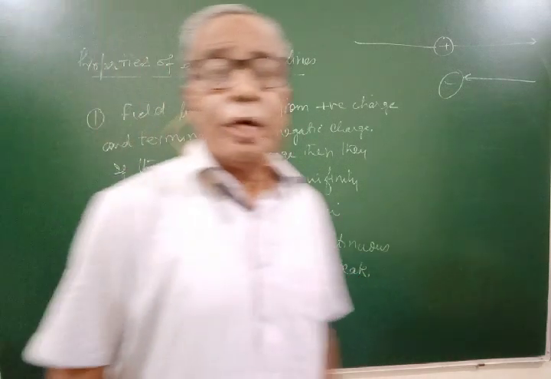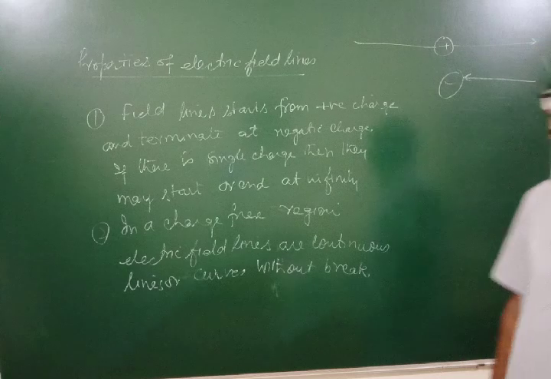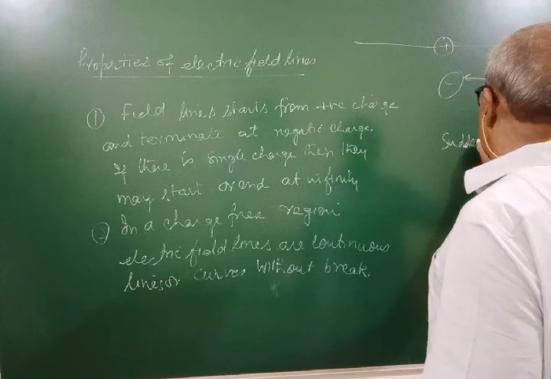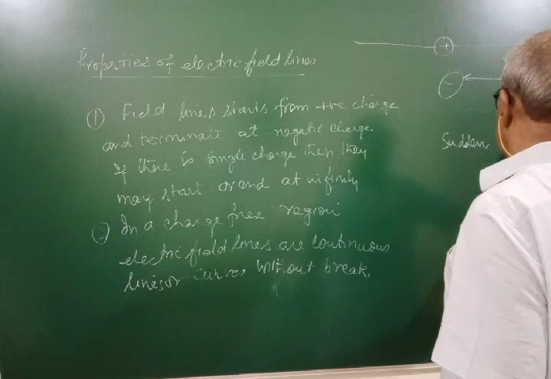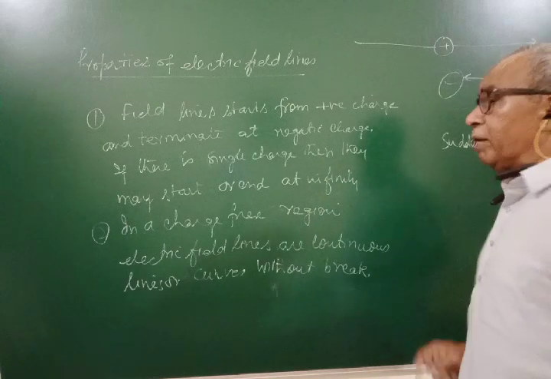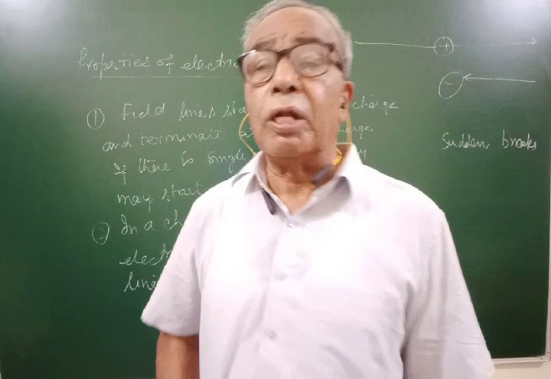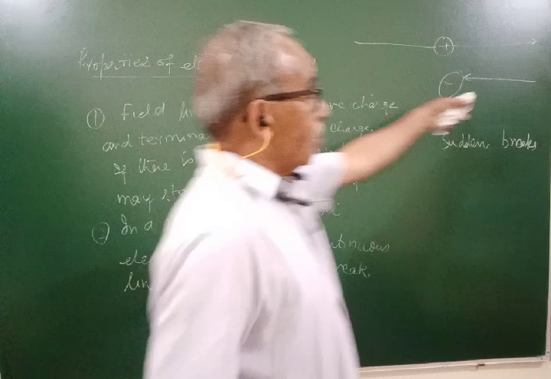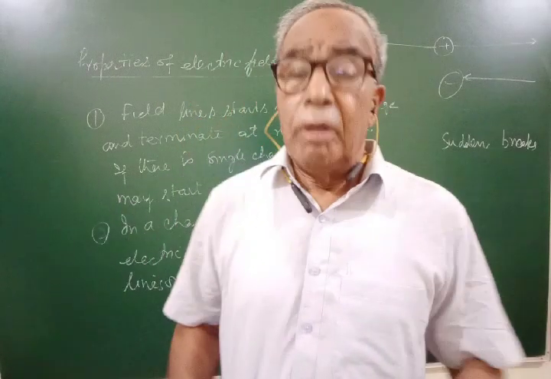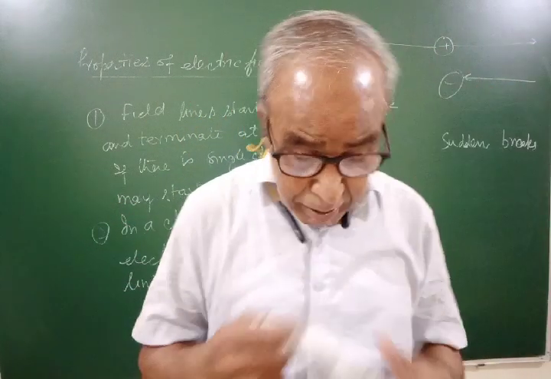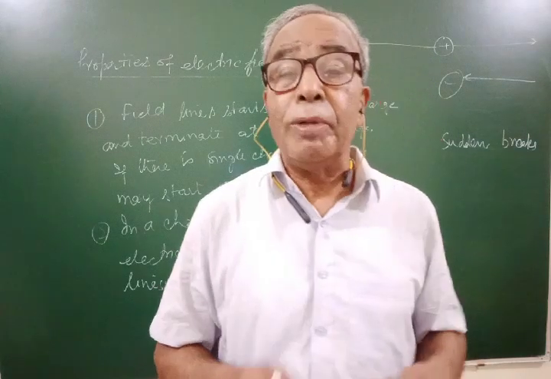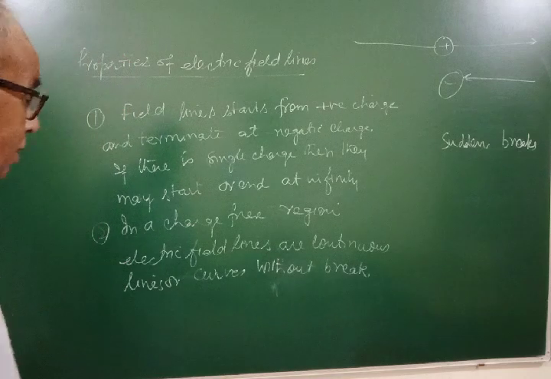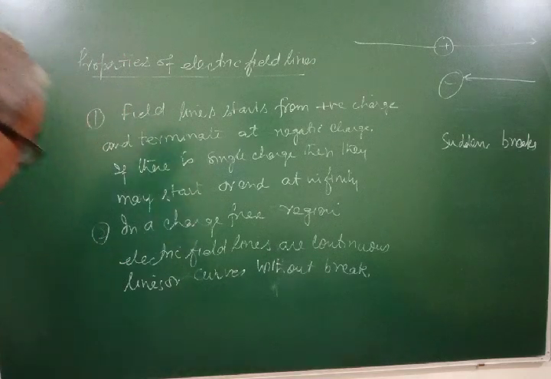One year the question was asked, why do field lines not have sudden breaks? Field lines do not disappear suddenly. Why? Because field lines start from positive charge and terminate at negative charge, or if field lines are broken at any place, it means the field becomes zero. And field is zero only at infinity. So an electric field line cannot have sudden breaks.